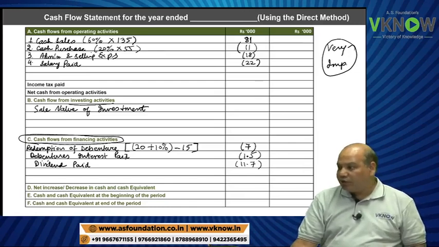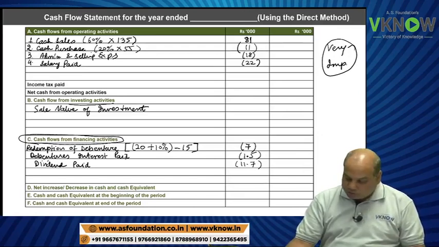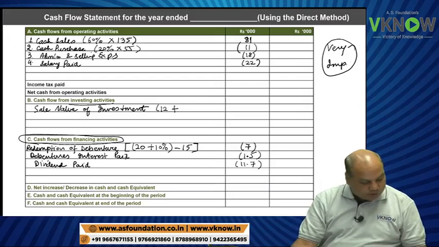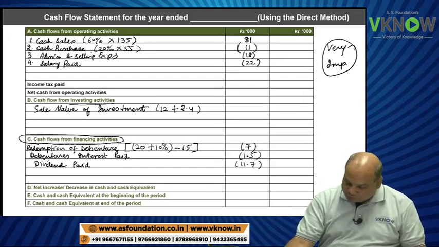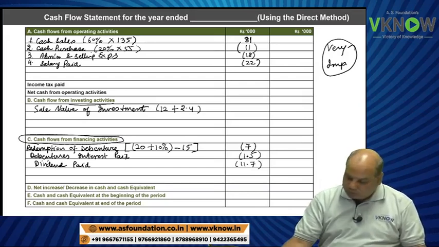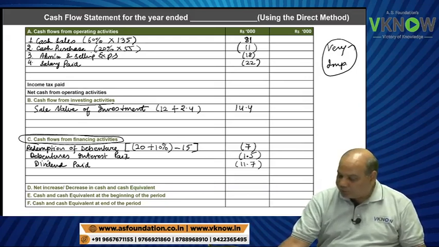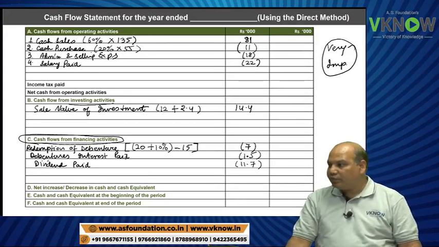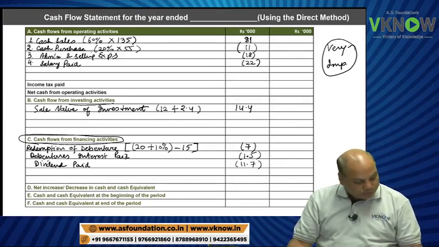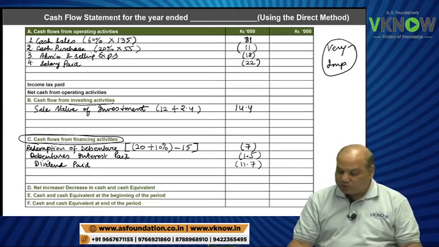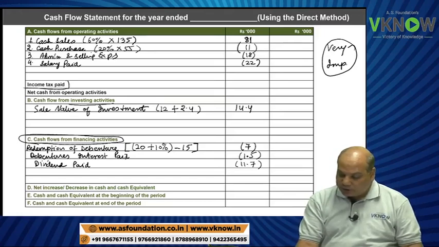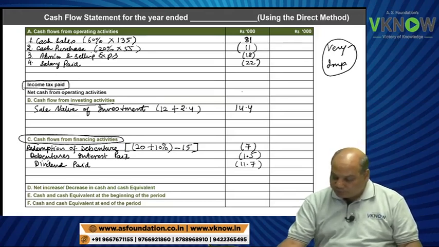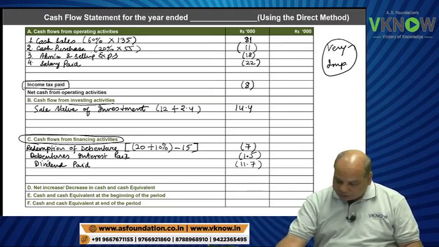Cost is 12 crore and the profit is 2.4. So that will give me 14.4 crore rupees. Point number 7, rupees 8 crore was paid towards income tax during the year. Cash flow from operating activity, income tax paid, in bracket 8 crore.